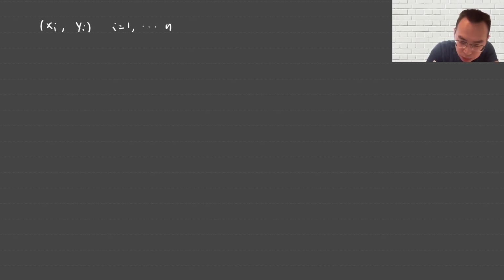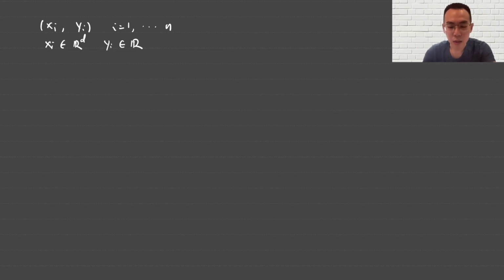Okay, now let's go through the problem setup. So our data are paired data (xi, yi), with i going from 1 to n. And the xi, let's say these are d-dimensional vectors, and then yi are real numbers. And now let's just expand this problem a little bit and define a feature map phi.